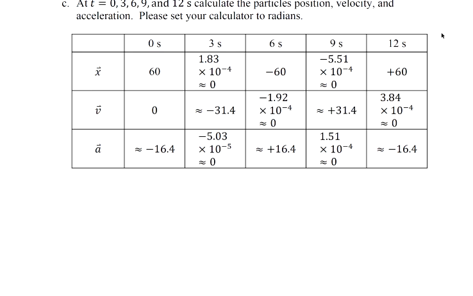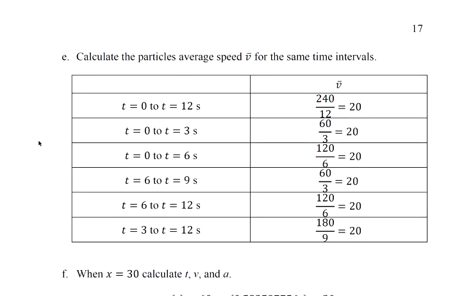Let's say the units are centimeters. That means it takes 6 seconds to go from 60 to minus 60. So it takes 6 seconds to go 120 centimeters. So it takes 3 seconds to go from 60 to 0. And that's why I got these values.